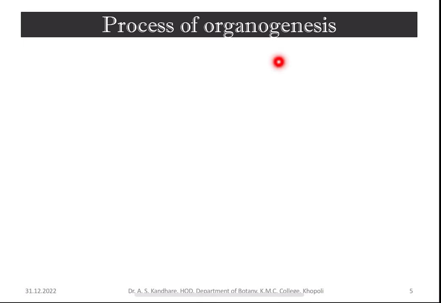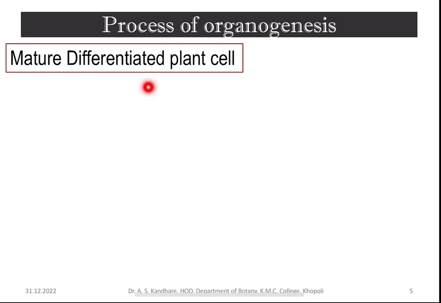The process of organogenesis, ये प्रोसेस क्या होते हैं, इसकी मेथोडोलॉजी क्या है, इसका प्रोटोकॉल क्या है. The mature differentiated plant cell, isn't it. जैसा मैंने बताया कि मैच्योर जो सेल होती है उसको डिफरेंशिएटेड प्लांट सेल कहा जाता है.